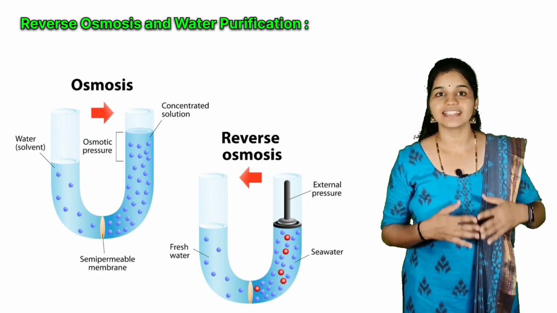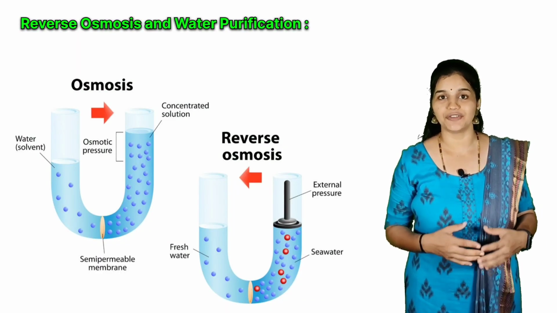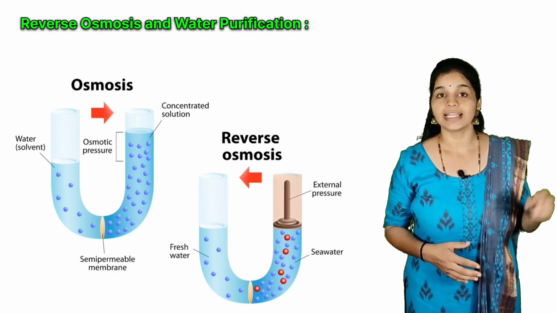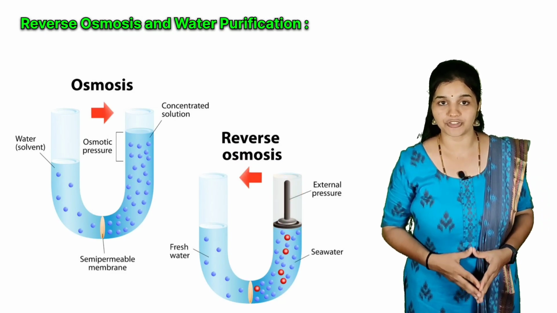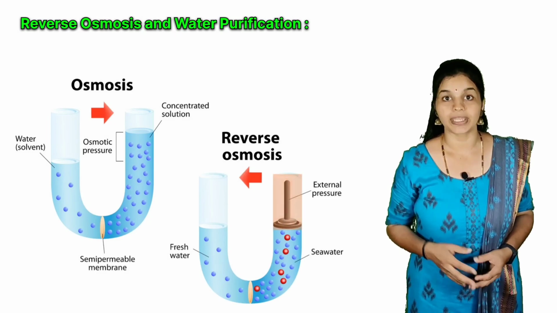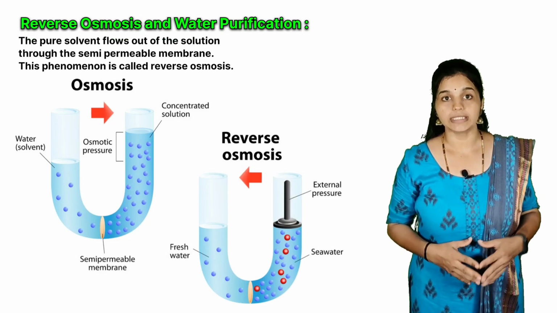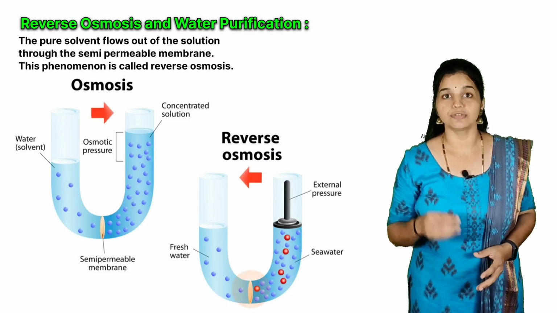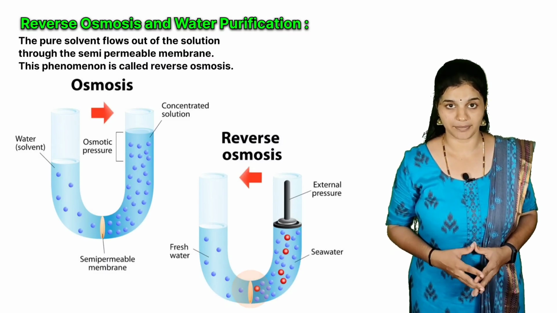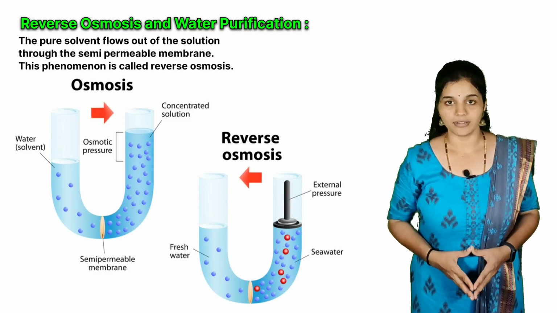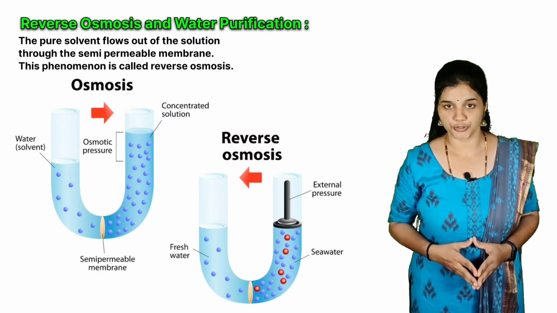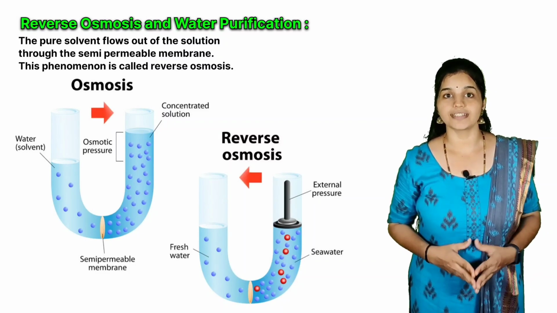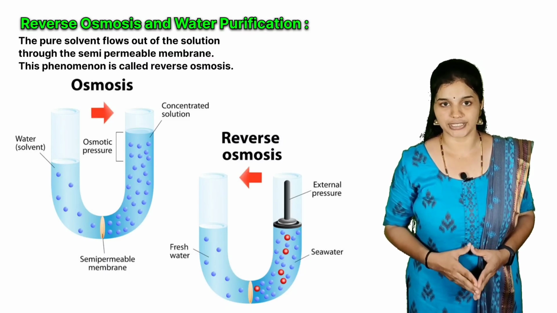We can reverse the direction of osmosis if we apply a pressure larger than the osmotic pressure to the solution side. Now the pure solvent flows out of the solution through the semi-permeable membrane. This phenomenon is called reverse osmosis. Reverse osmosis has great practical utility.